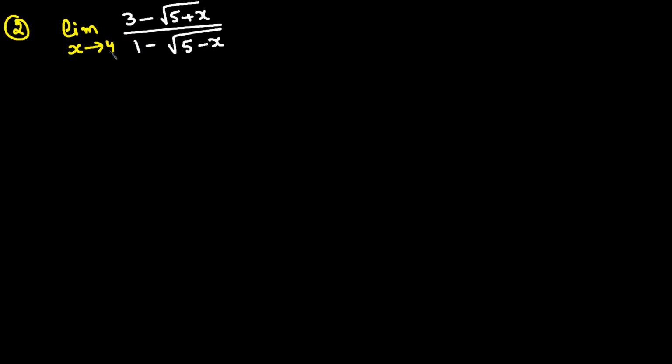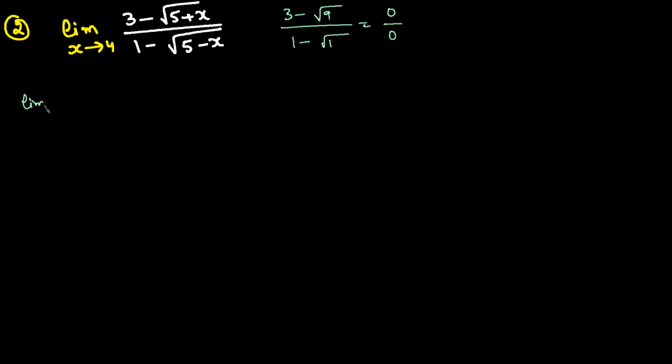If we plug in x equal to 4 over here, that gives me 3 minus square root of 4 plus 5, which is 9, and 1 minus square root of 5 minus 4, which is 1. So 3 minus 3 is 0, and 1 minus 1 is 0. So 0 over 0. That means we need to rationalize the numerator and denominator because both have square root terms. Okay, so let's do that.